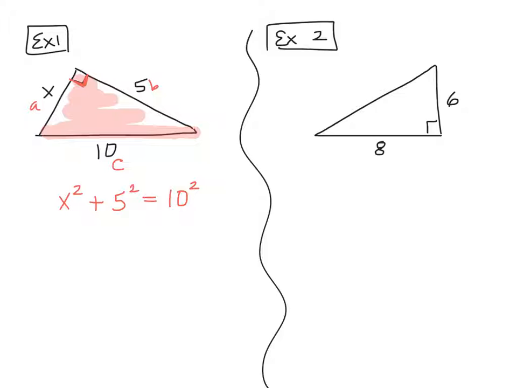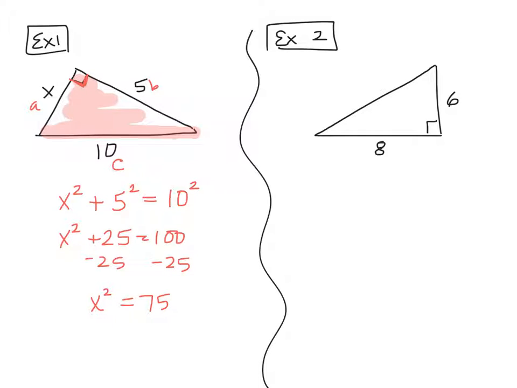Now to work this out, we're going to use our calculator, or hopefully your brain, if you can think about that. 5 squared just means 5 times 5, so this is 25. 10 squared means 10 times 10, so that's 100. All right, then we're going to subtract 25 because we want to get x squared by itself. So this is x squared equals 75.